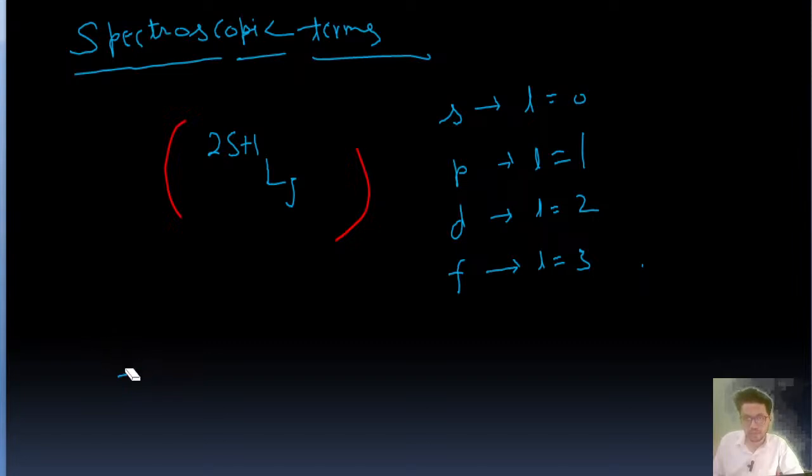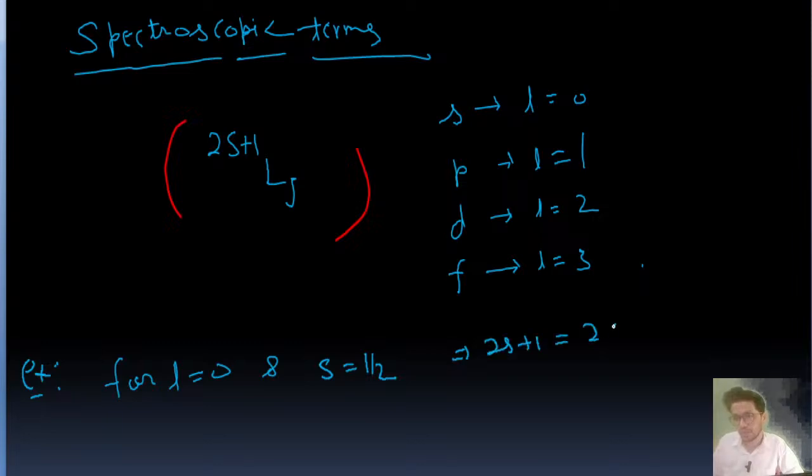For L equal to 0 and S equal to half, an example I'm giving, how to write this spectroscopic term. 2S plus 1 is going to be 2 into half plus 1, that is 2.